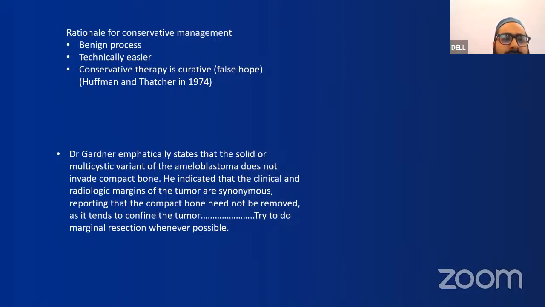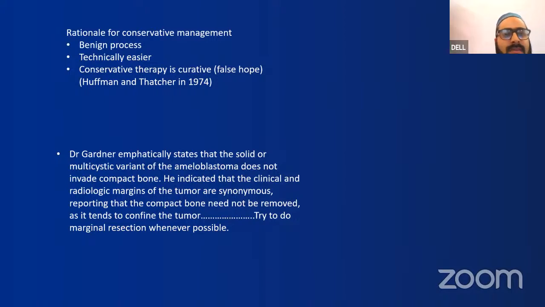But though it's benign, because of its aggressive nature it has to be dealt with aggressively, that is, segmental resection for cure. One more reason for conservative management is that it's technically easier to undertake an enucleation or a curettage procedure than a resection. So that's why they have suggested it.